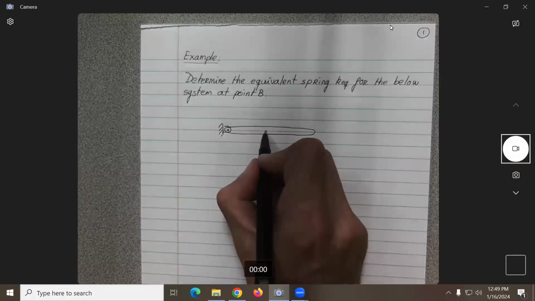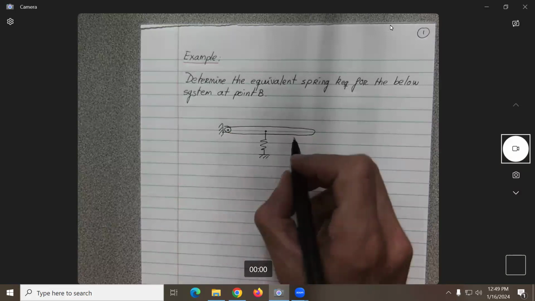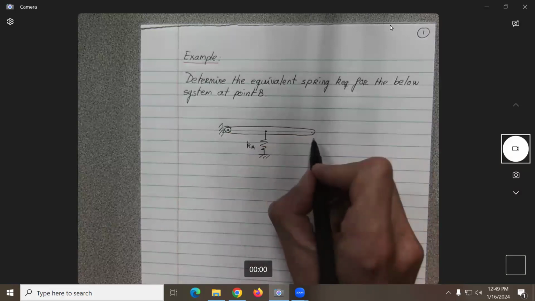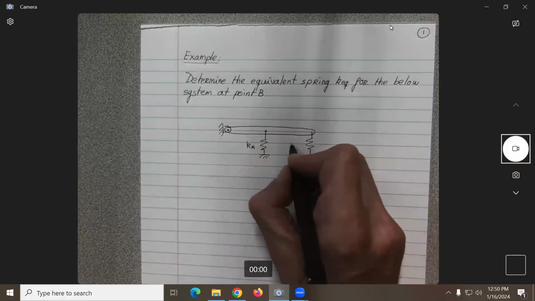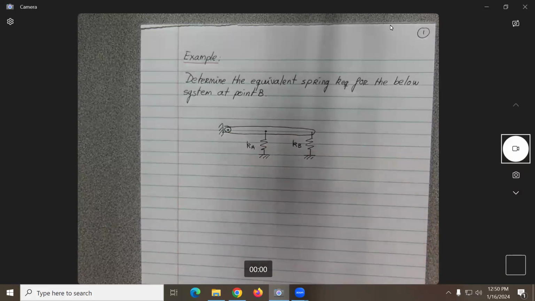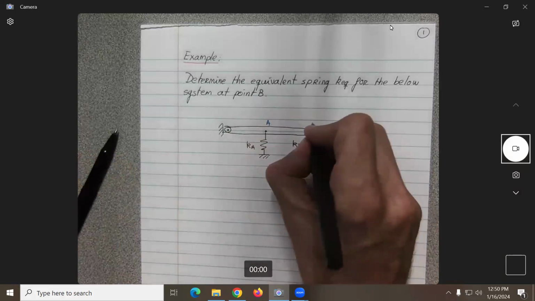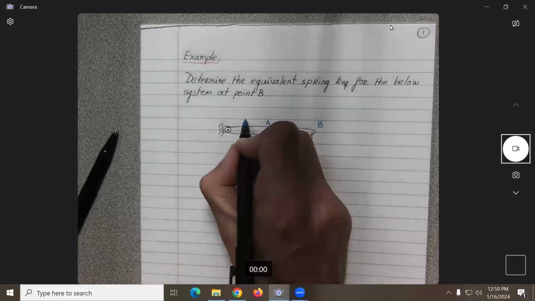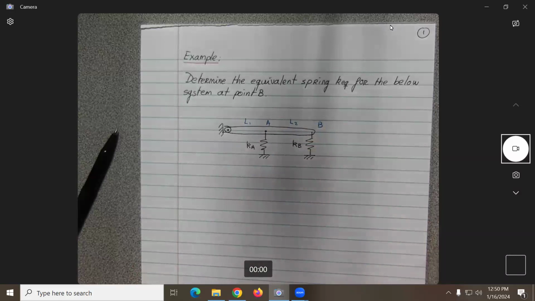There is a spring here at point A. I'm going to call K sub A. And a spring B over here, K sub B. So it will be point A. This will be point B over here. Length L1 and length L2.